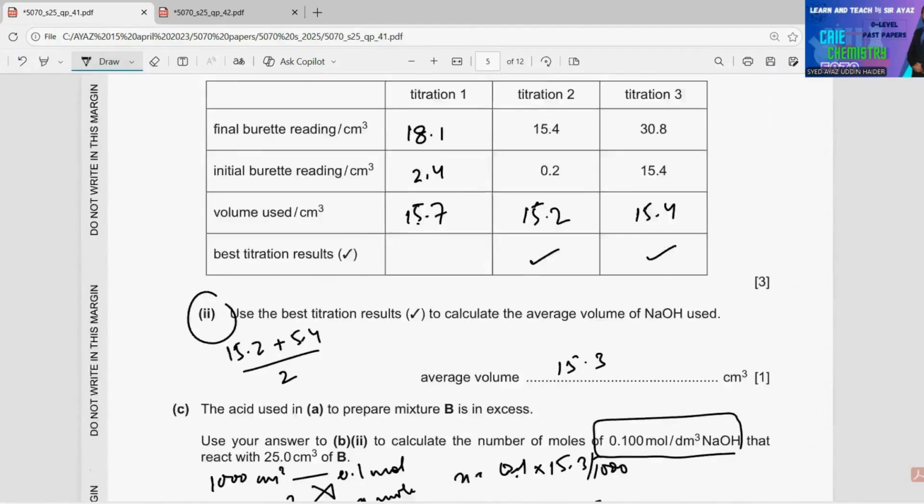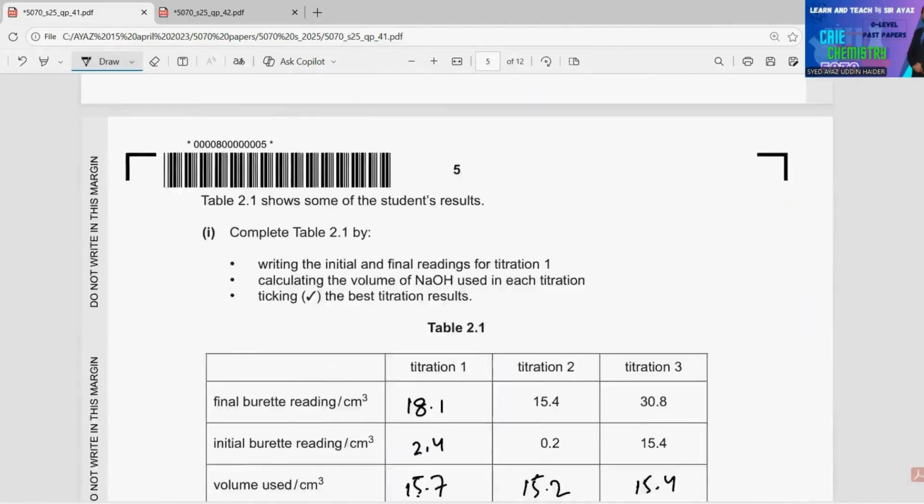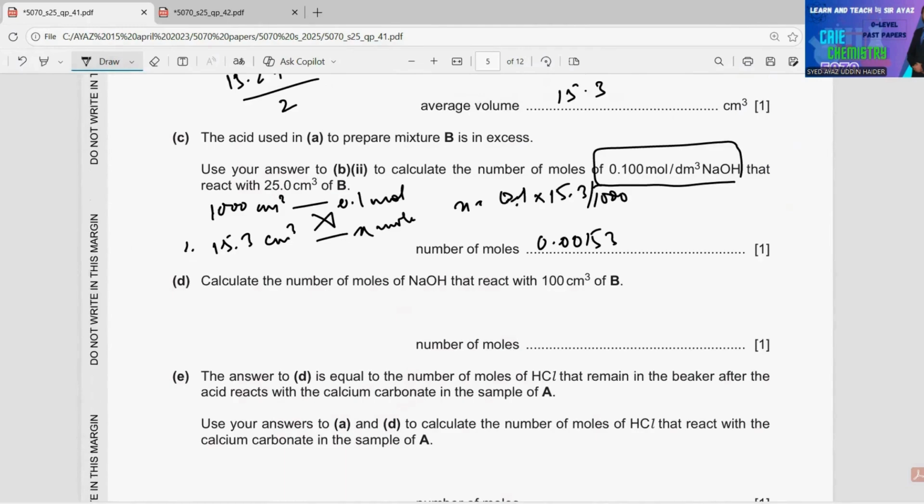So look at the relationship. 25 cm cube reacts with 0.00153 moles.